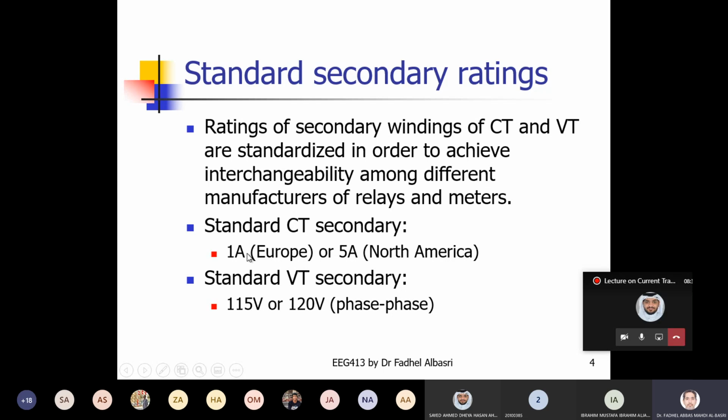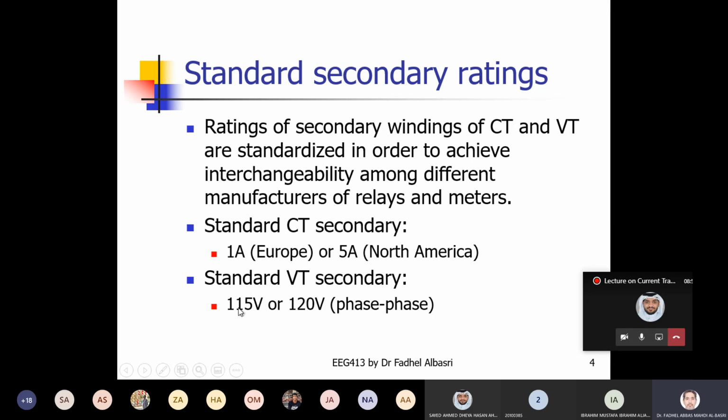Normally in Europe, and also in Bahrain, 1 ampere is used, and in North America they use 5 ampere. But relay manufacturers now started to provide both; the consumer can select 5 or 1, depending on the main CT output.